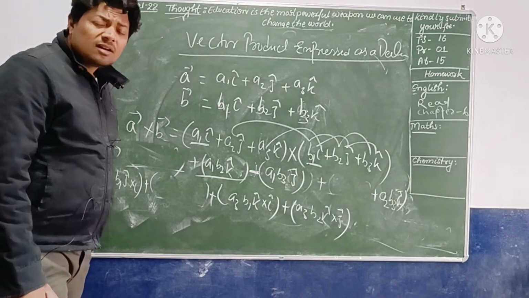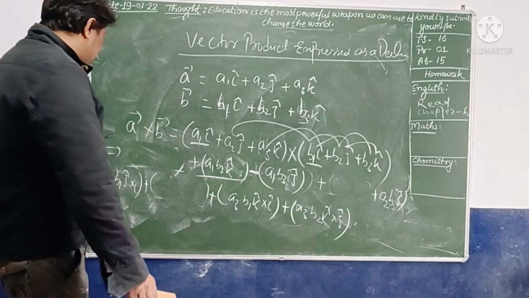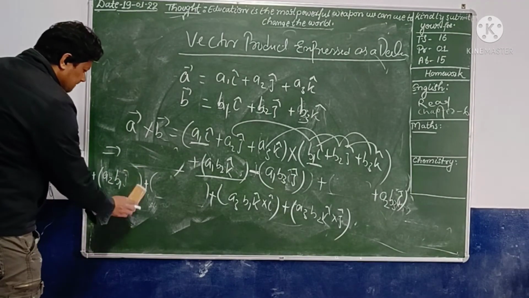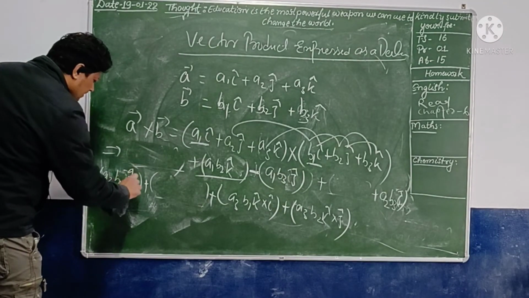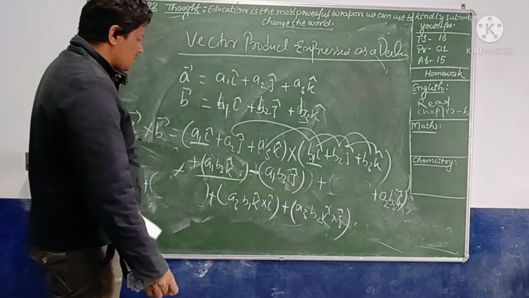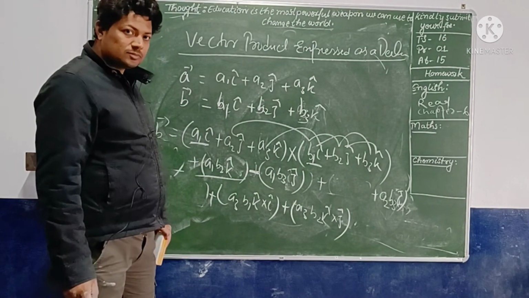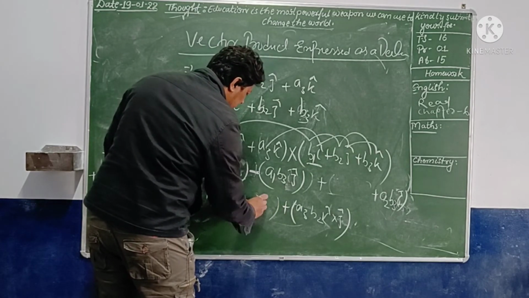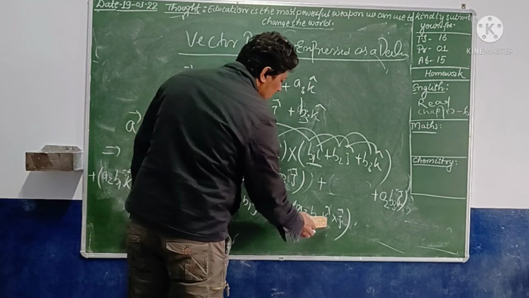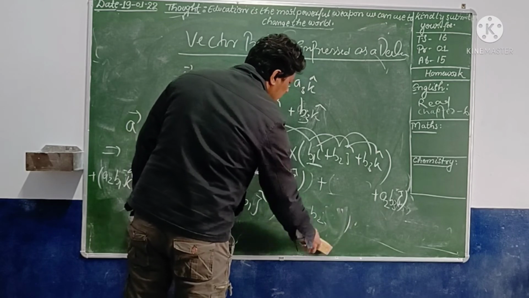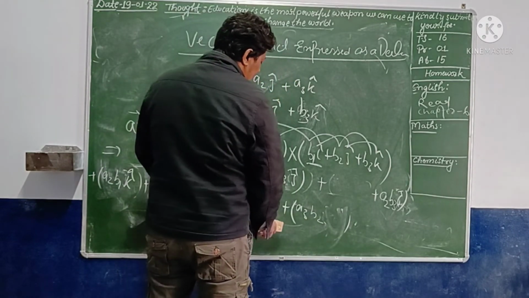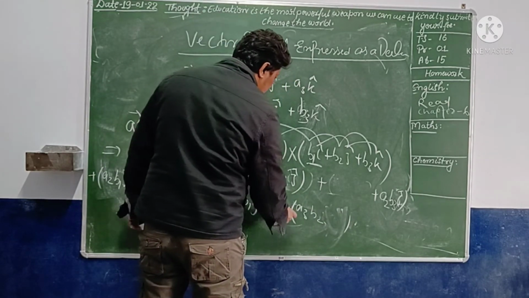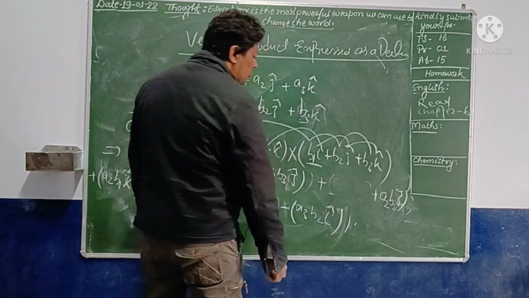J K cap gives I cap here. Here J cap, minus I cap, minus I cap.